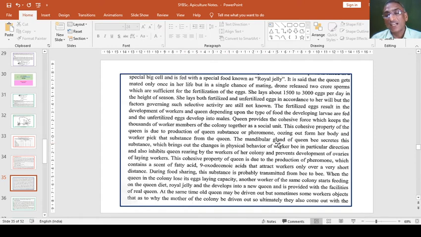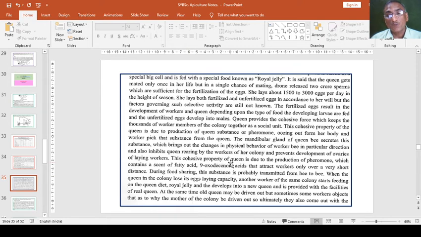The mandibular glands of the queen bee secrete this substance, which brings changes in the physical behavior of worker bees in a particular direction, also inhibits queen rearing by the workers of her colony, and prevents development of ovaries of laying workers. Therefore the worker bee is a non-fertile female.